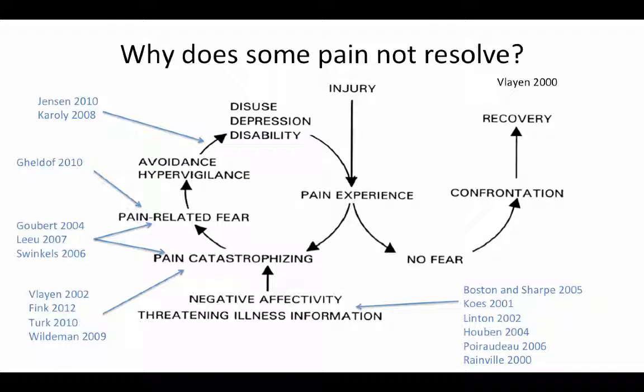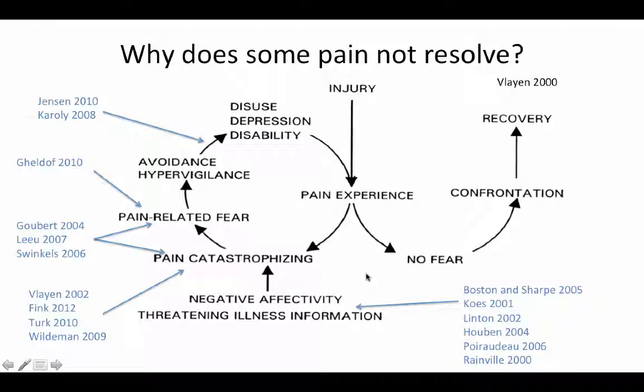And then pain neuroscience education. This is a bit of a busy slide because it is used for my dissertation work, but if we think about injury and then the patient's pain experience, we have some influence here in negative affectivity, but really in the threatening illness information.